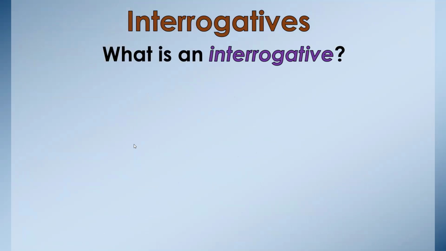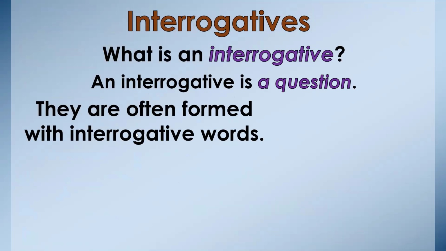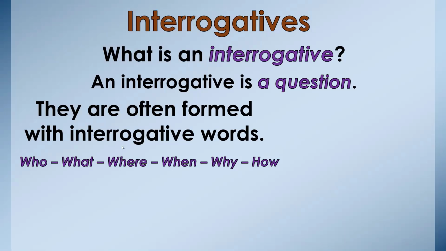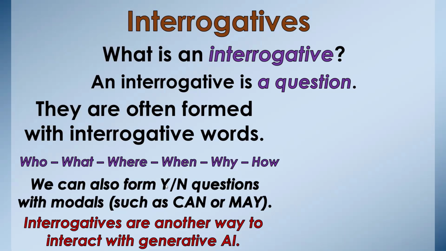So let's take a look at interrogatives. What's an interrogative? Well, it's another word for a question. And they're often formed with interrogative words. And we think of these as our WH question words. Who, what, where, when, why, and how. We can also form yes/no questions with modal verbs, words like can or may.